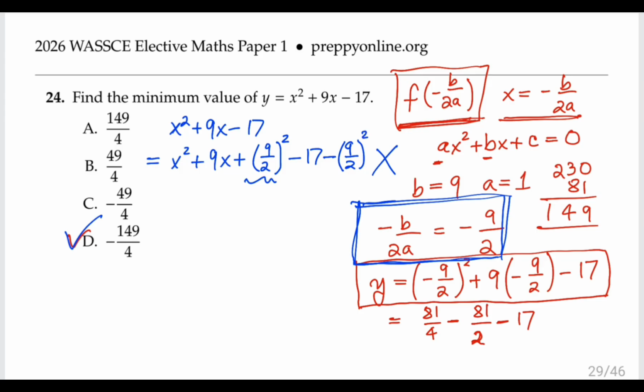It's an equation, if you like, because if you think of it as an equation, then this is our left hand side and this is our right hand side. So now look at what's on the left hand side. We have x squared. On the right we have x squared. We have 9x. On the right we have 9x. And we have minus 17. We also have minus 17.